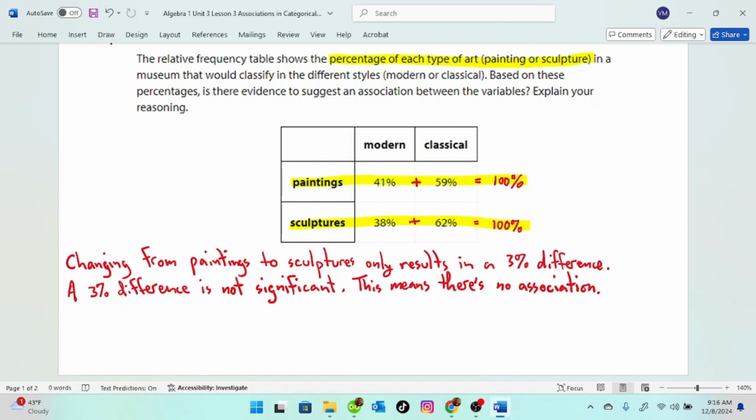But most people would not see a 3% change as a significant difference. So it does not appear there is an association between the variables. You are almost just as likely to have it be modern or classical, whether you're talking about the paintings or you're talking about the sculptures.